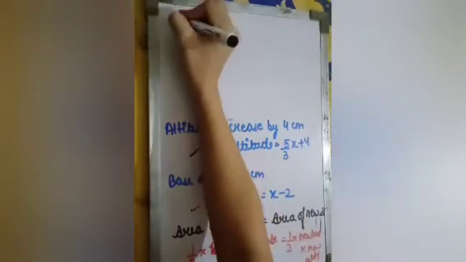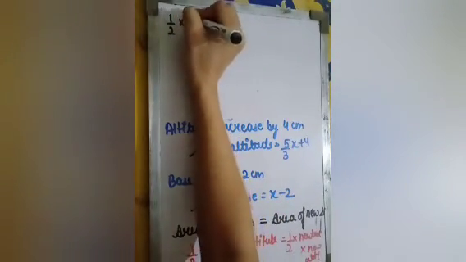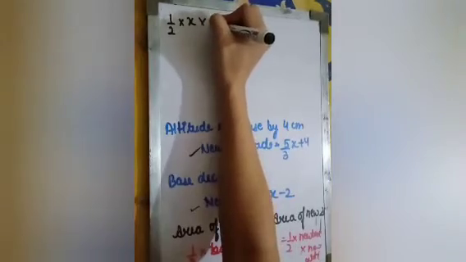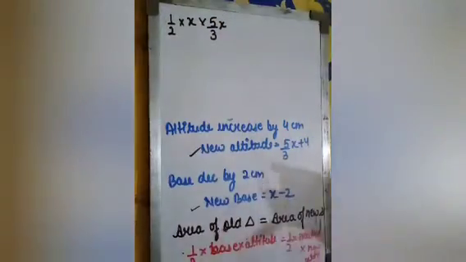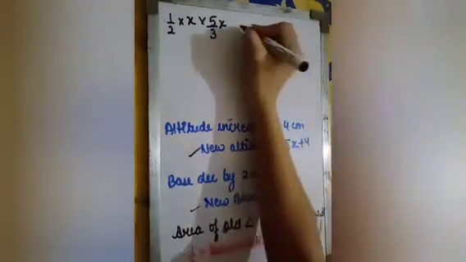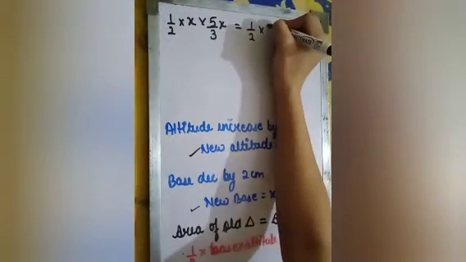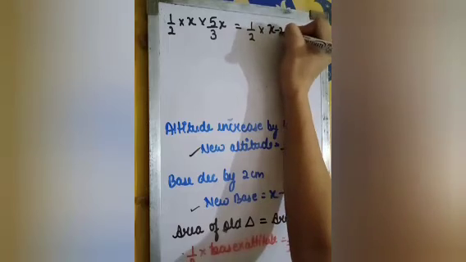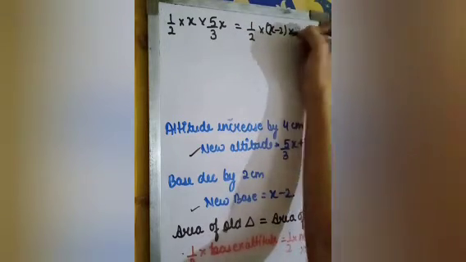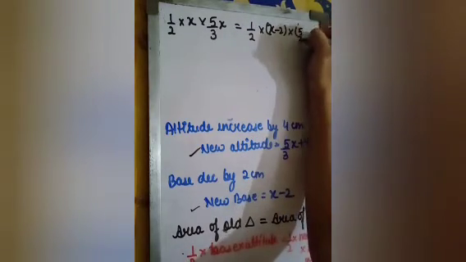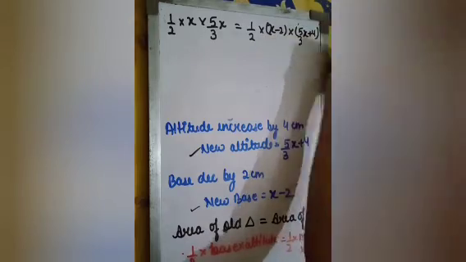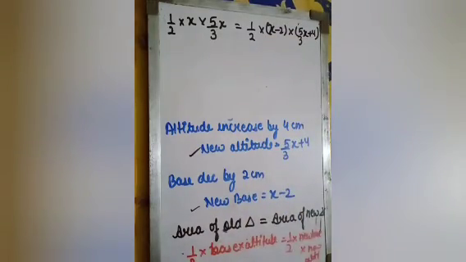So half, base was x, altitude was 5/3x. It is equal to the half into base is x minus 2 into 5/3x plus 4. This is your equation. Now solve this.